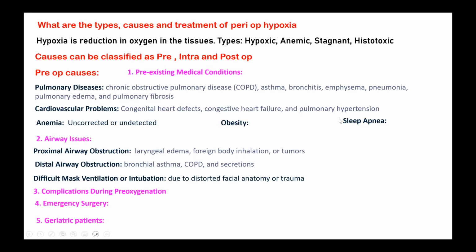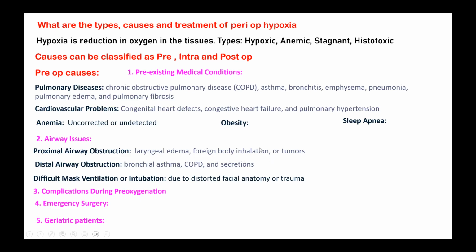They are more prone to have this. So we must identify patients who are likely to become hypoxic both during induction and the intraoperative period, or patients who have airway diseases or issues like proximal airway obstruction due to laryngeal edema, foreign body inhalation, or tumors.